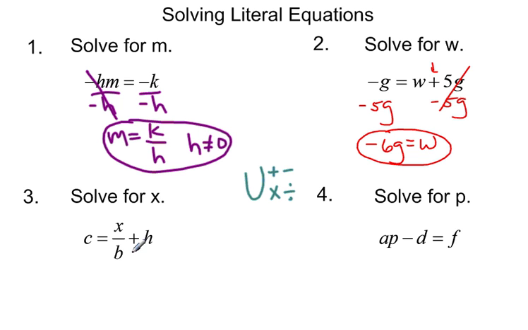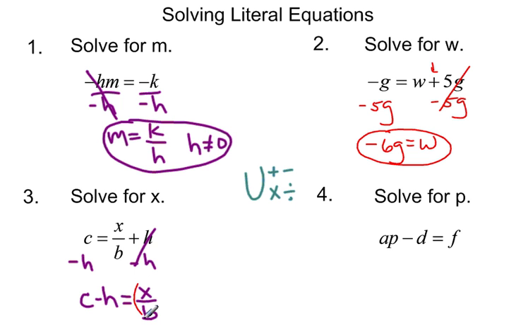So here, if we want to get x by itself, we need to undo the plus h. The inverse of plus h is minus h. So now we've got c minus h. They're not like terms, they cannot be combined. And then h minus h will cancel. Now we need to undo the division by b.